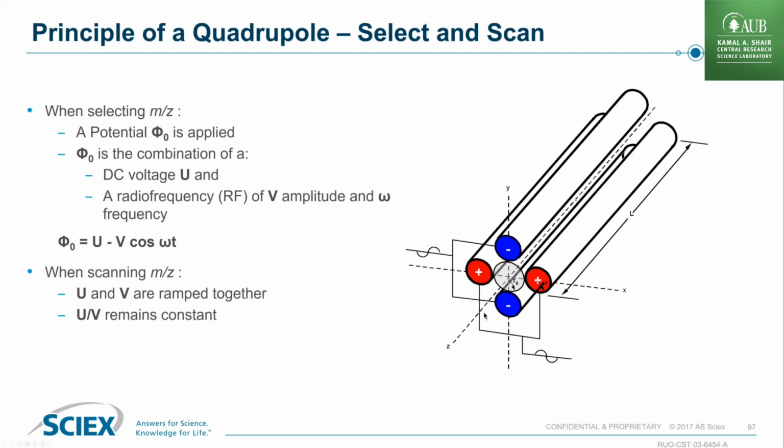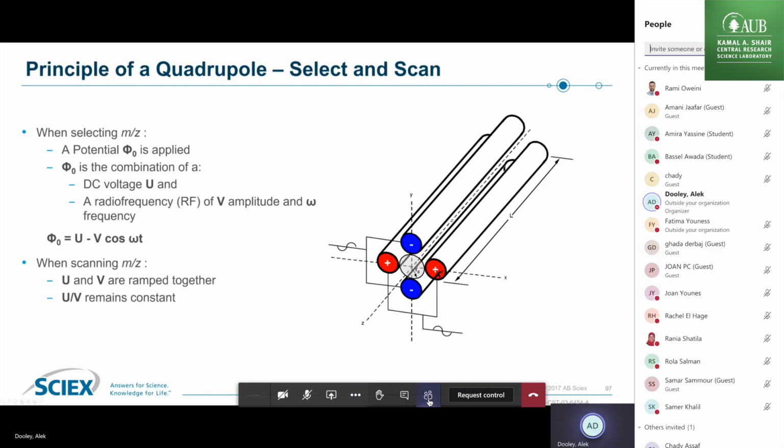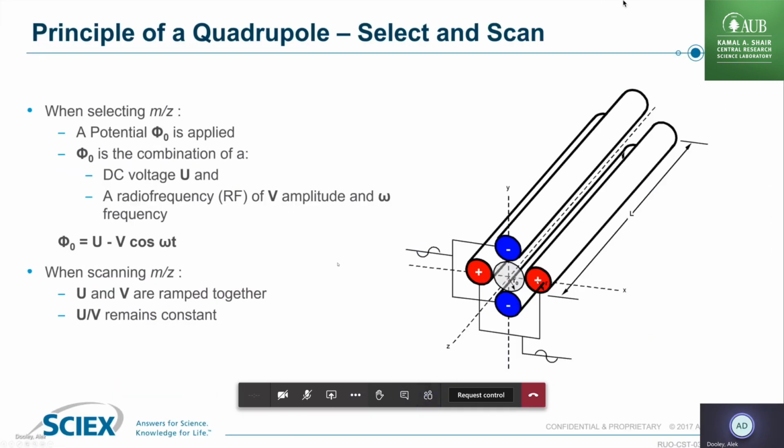So we have a set of 4 parallel rods. In this case, 2 are blue and 2 are red, but they are machined exactly correct. The blue and the red just means the polarity that is applied to them, the electrical polarity. And that electrical polarity is changed with a radio frequency, causing the ions to move through the empty space between the rods.